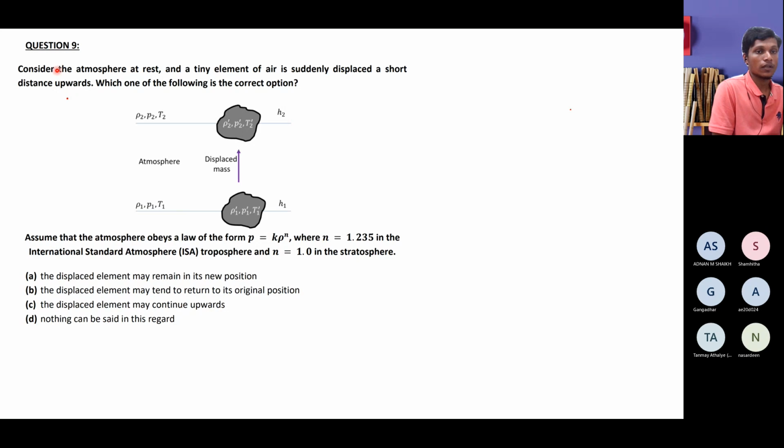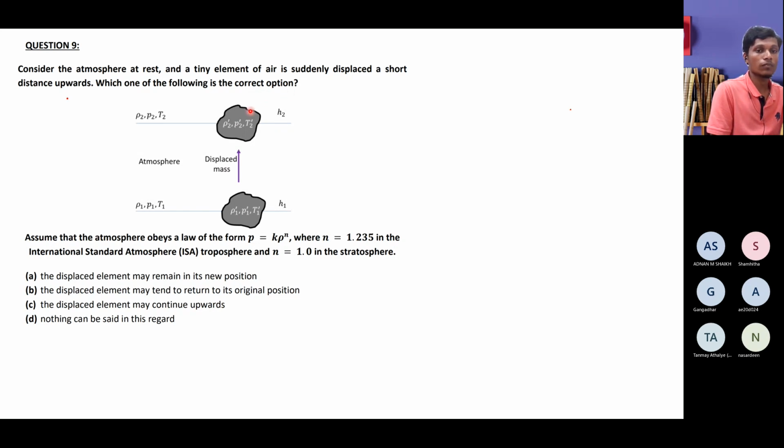Consider the atmosphere at rest, that is at H1, and a tiny element of air is suddenly displaced a short distance upwards, a very small distance, a small element. It is displaced to the height H2. Which of the following options is the correct option?